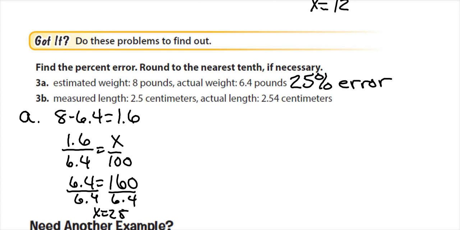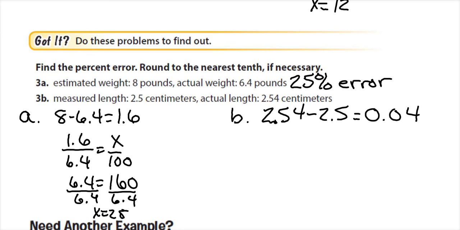Okay, let's take a look at 3B. Its measured length is 2.5 centimeters and the actual length is 2.54 centimeters. So they were pretty close in this one. We'll have to subtract first, so we'll take the high minus the low. So 2.54 minus 2.5 is going to give us 0.04. So the change over the actual was 2.54 equals x over 100.